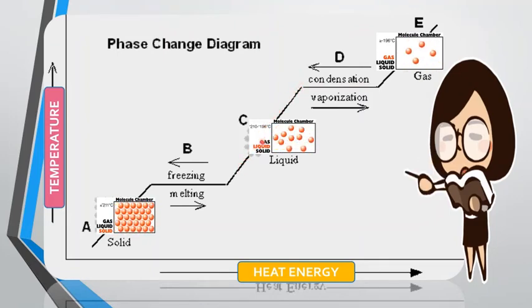Now, if this substance still loses heat energy and the temperature goes down, then it will undergo freezing, which will turn the liquid into a solid form. So this is the phase change diagram of solid, liquid, and gas, and they are reversible. Okay, they are reversible.